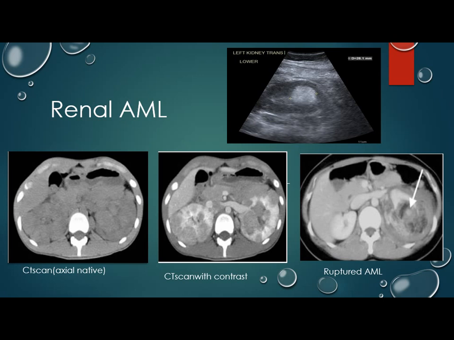Usually these are big angiomyolipomas that rupture, not 1 centimeter, but 4 or 5 centimeters and more.